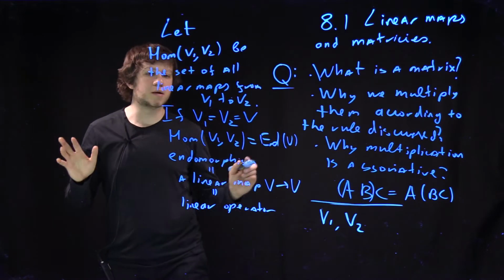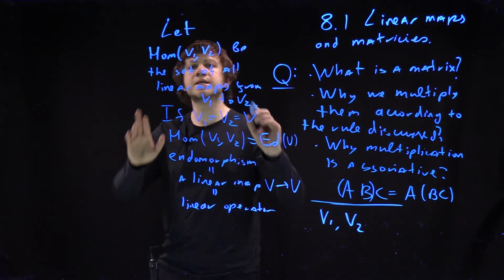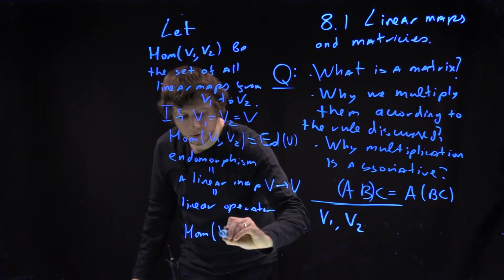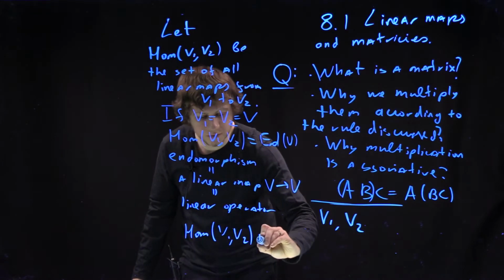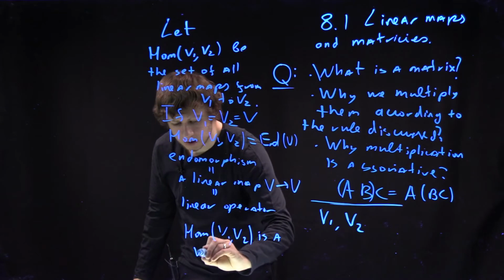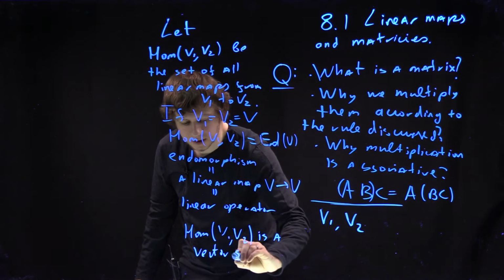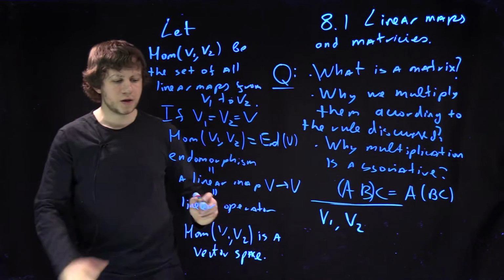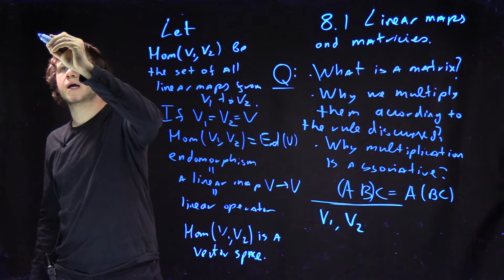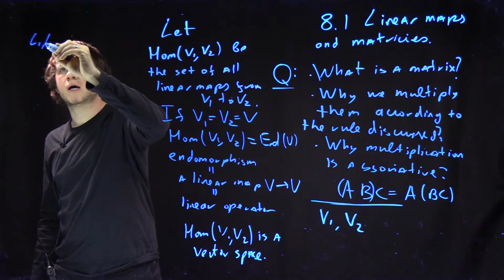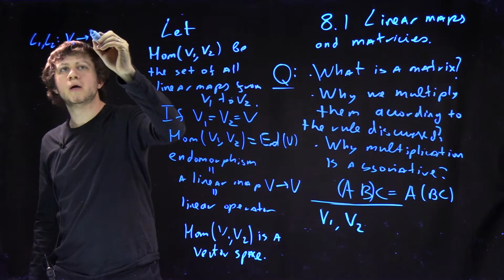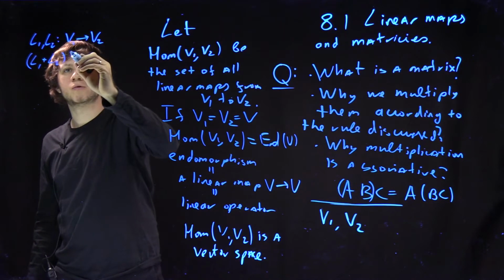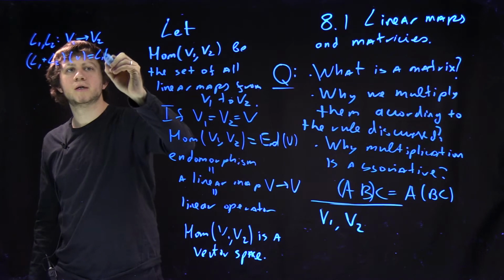And then maybe the main important idea is that this thing is a vector space. So Hom(V1, V2) is a vector space, and of course you need to say over which field, the same field as V1 and V2. For this, if L1 and L2 are some linear maps from V1 to V2, then if you want to add them on a vector v, you just add these maps.